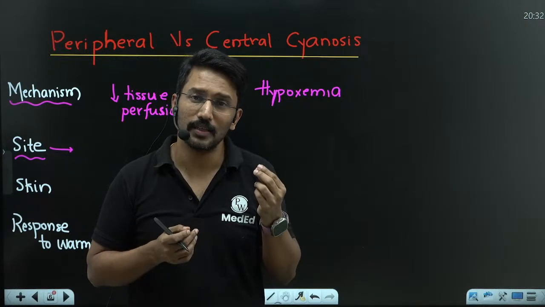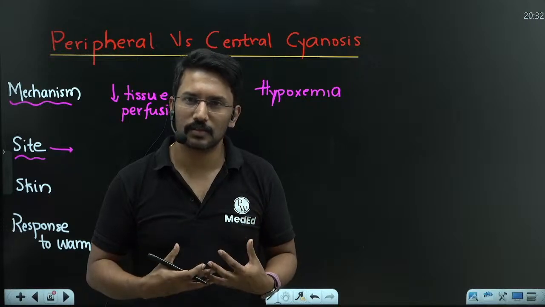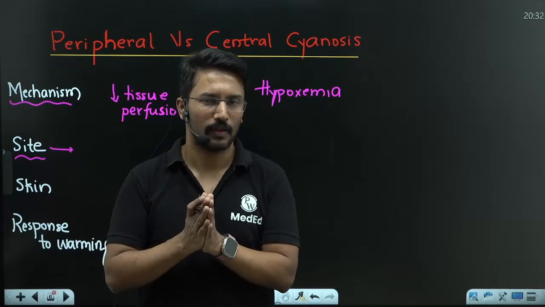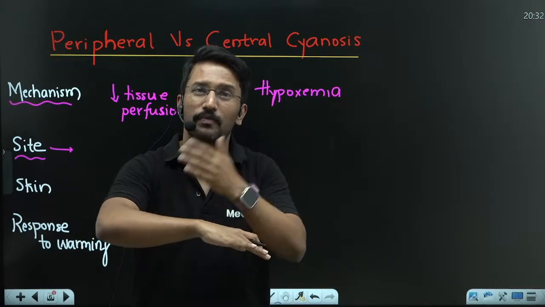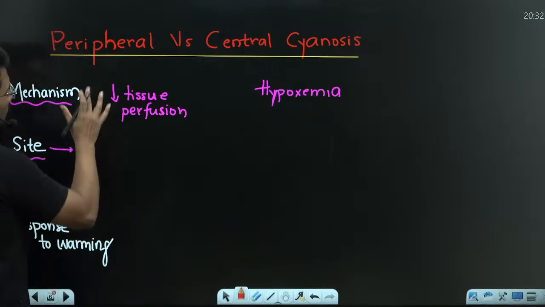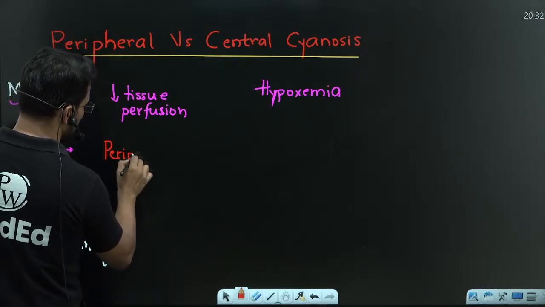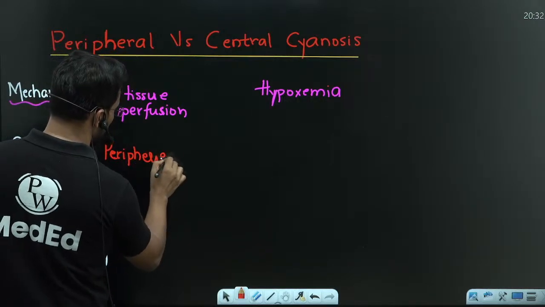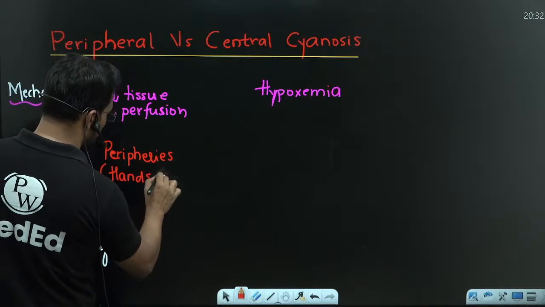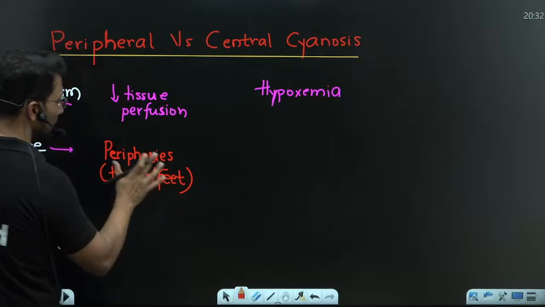We will compromise the distal parts of the body because we want to keep our kidneys, lungs, liver, brain running, right? We will compromise on the peripheral circulation. So whenever cardiac output decreases, we develop peripheral vasoconstriction. Okay. So the site where I will see the cyanosis is the peripheries. And when I say peripheries, I am primarily referring to hands and feet, right? The cyanosis in peripheral cyanosis will be apparent in hands and feet. That is the location where we will see the cyanosis.